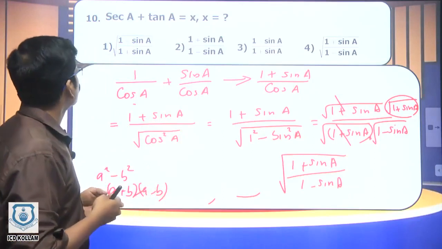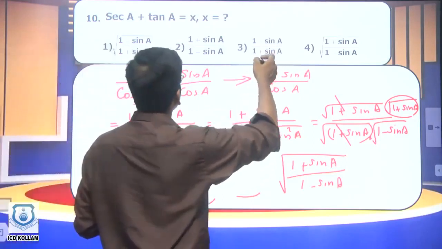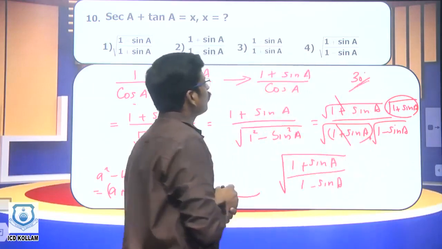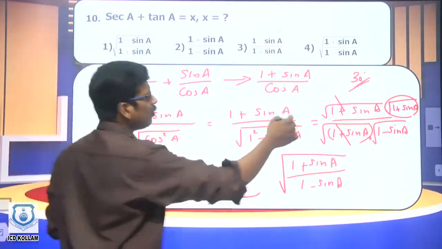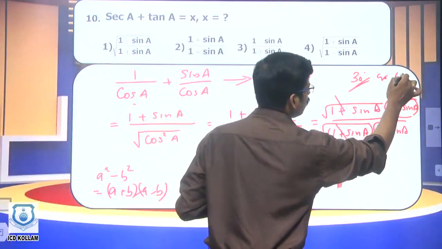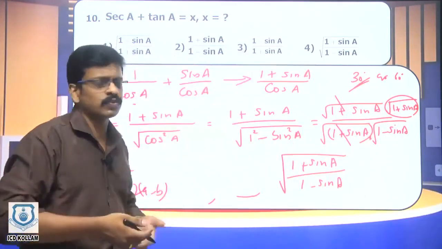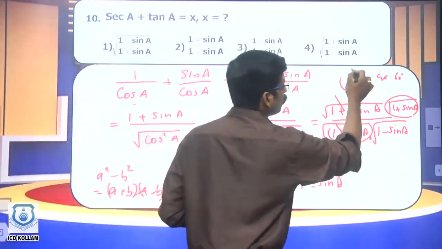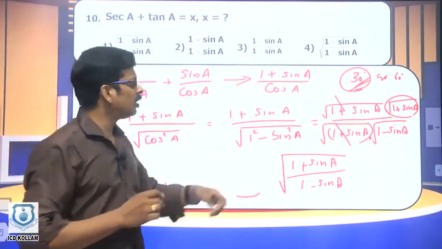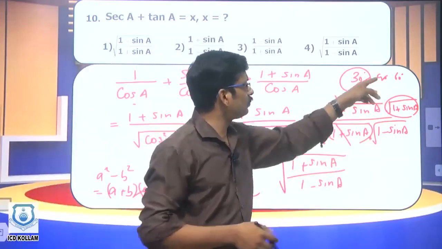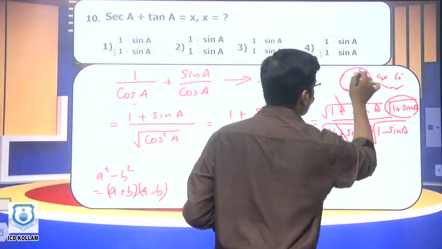So better you go with 30 degrees. Our options could be 30, 45 or 60, but our options are all in terms of sin. Sin 30 is a beautiful number, 1 by 2, while the others bear a root, so comparison is quite difficult with 45 or 60. So better you go with 30.